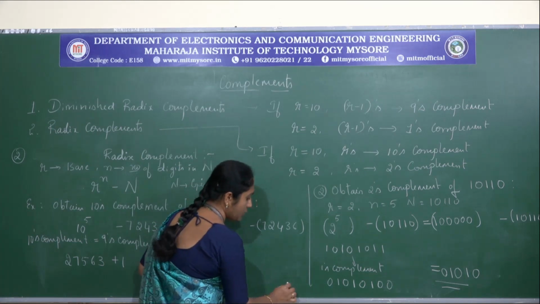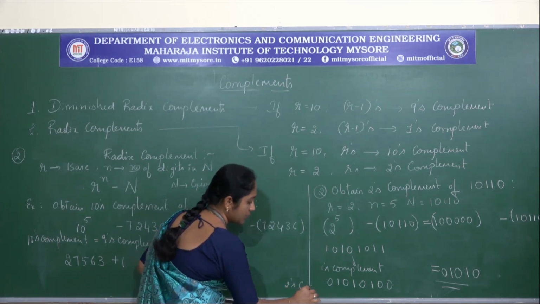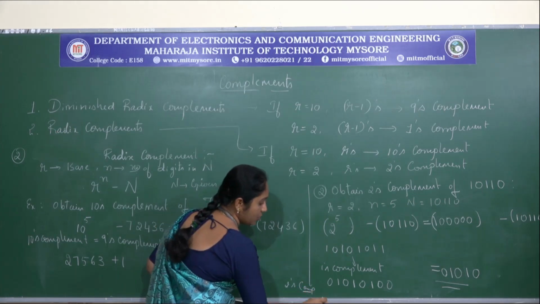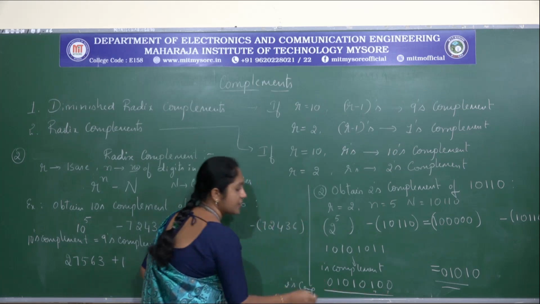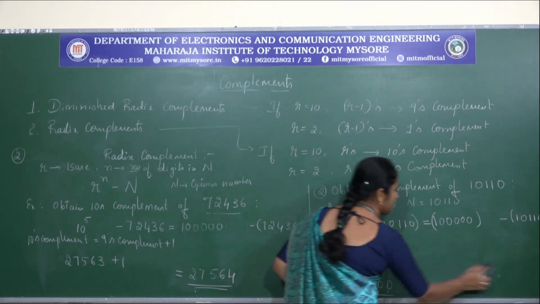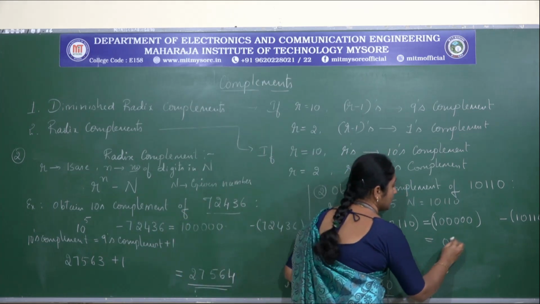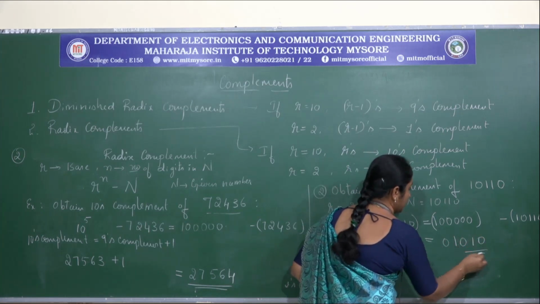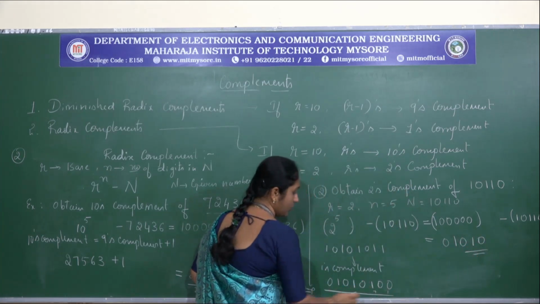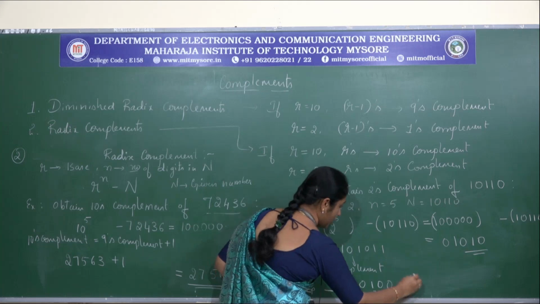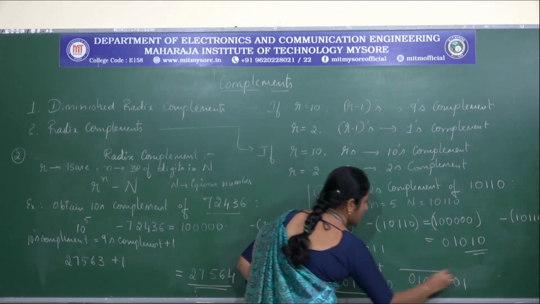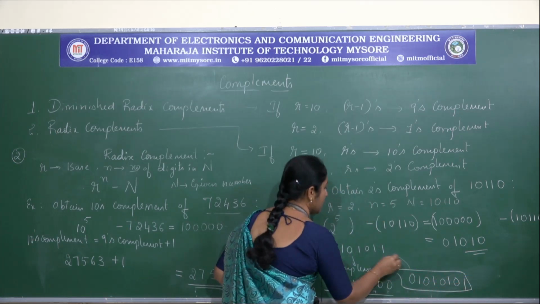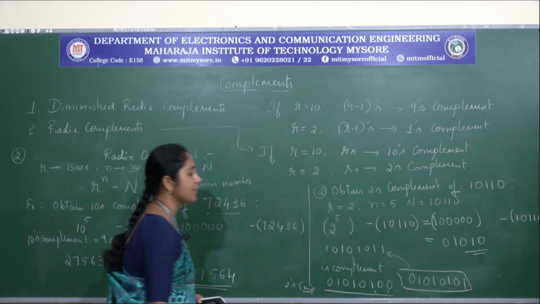So in order to obtain the 2's complement, we need to add plus 1 to this. So the result of this 2's complement is 0 1 0 1 0 1 0 1. This is the 2's complement of this string.